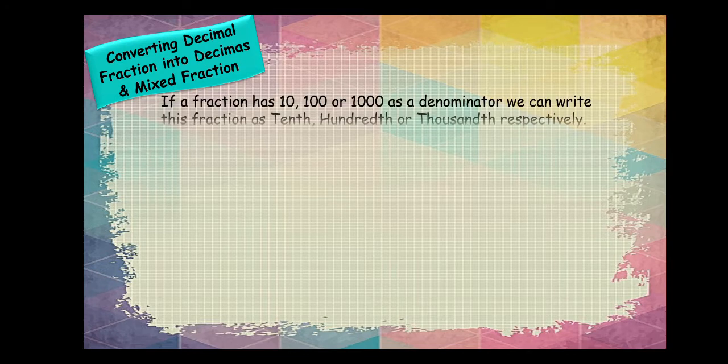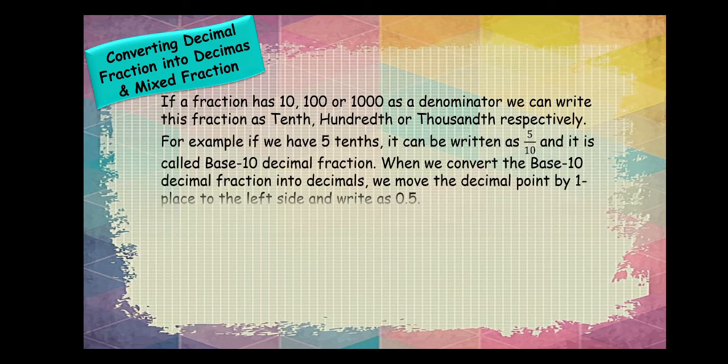Now let's learn how we can convert a decimal fraction into decimals and mixed fractions. If a fraction has 10, 100 or 1000 as a denominator, we can write this fraction as tenths, hundredths or thousandths respectively.